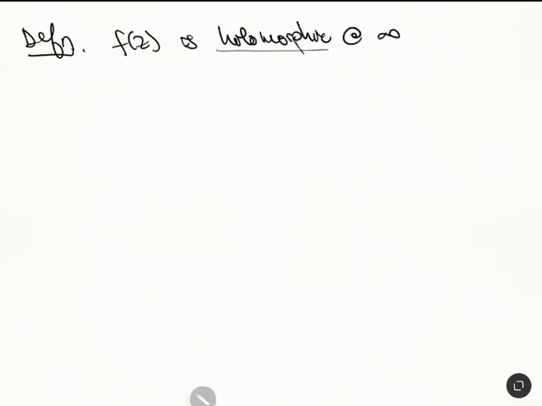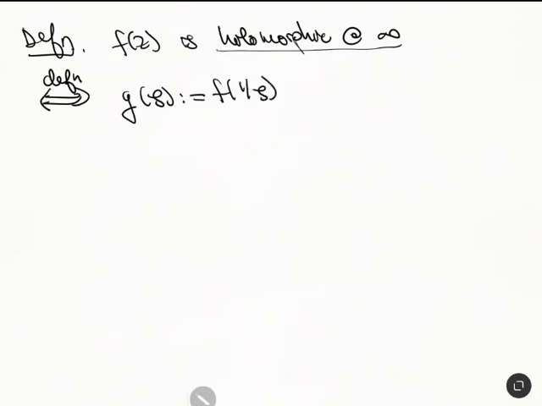All right, so let's make a definition. f of z is holomorphic at infinity if and only if, and this is by definition, the function g of zeta, defined to be equal to f of 1 over zeta, so we're just plugging in, is holomorphic at zeta equal to 0.